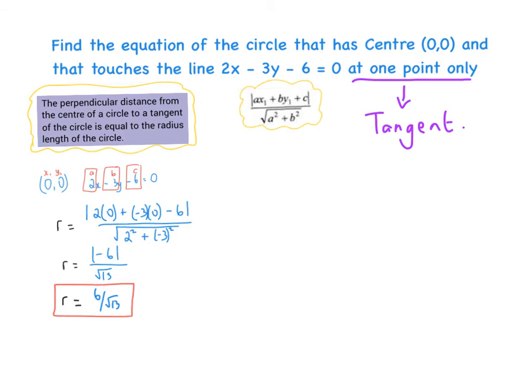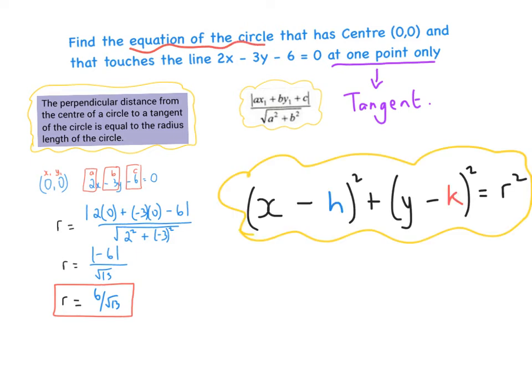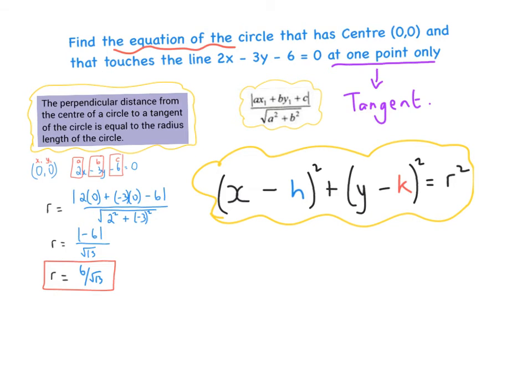The next thing, all we want to do now is to find the equation of the circle. So writing down our circle formula. Okay, so here we have our circle formula. So x minus h all to be squared plus y minus k all to be squared is equal to r squared. And so we know here, well, our center is 0, 0. So here we have 0, 0 as our center.